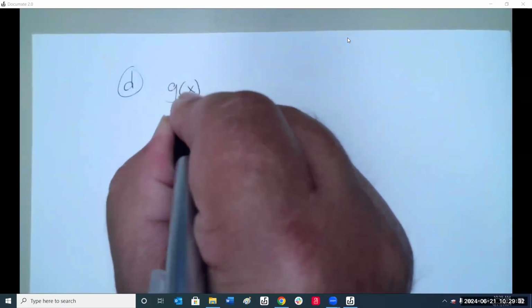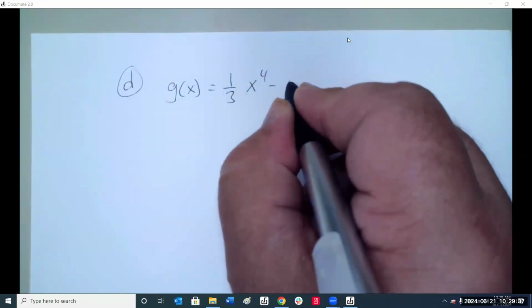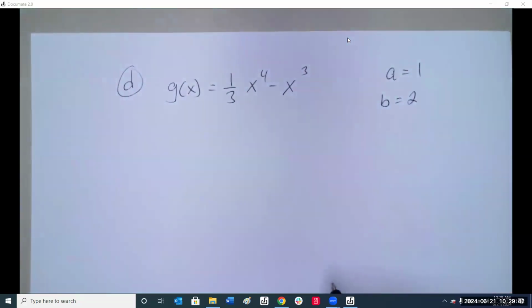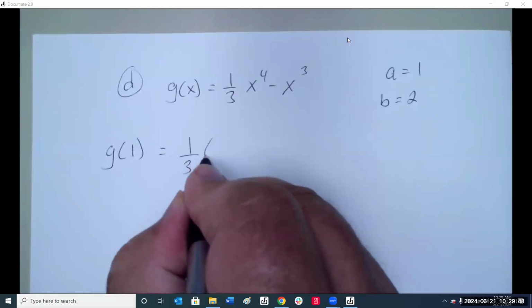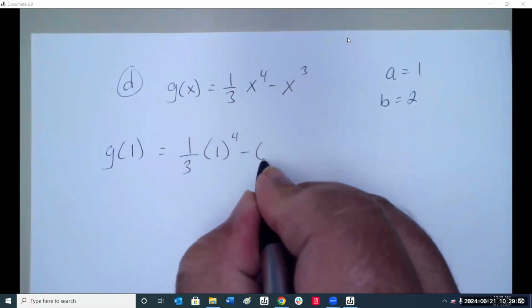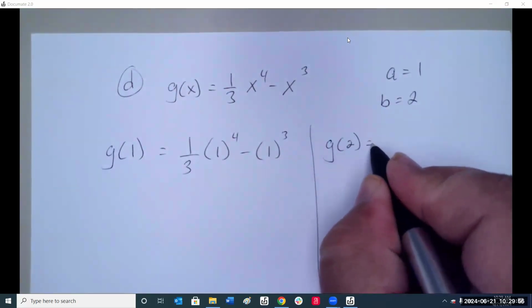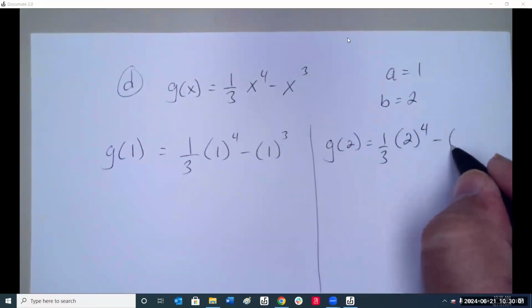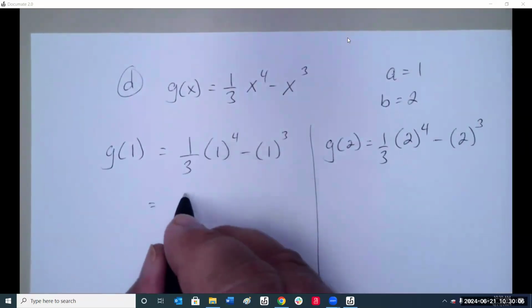And the last one, D. G of x equals 1/3 x to the 4th, minus x cubed, a equals 1, b equals 2. 1/3, 1 to the 4th, minus 1 cubed. 1/3, 2 to the 4th, minus 2 cubed. 1 to the 4th is 1.